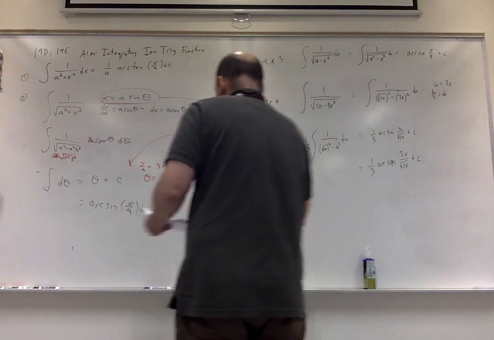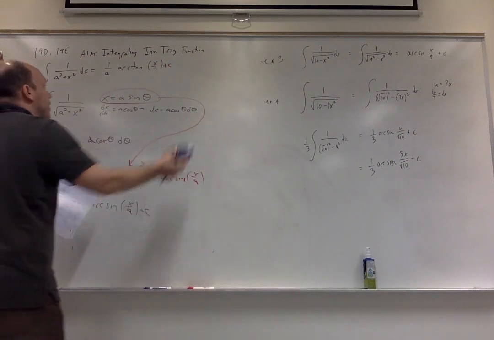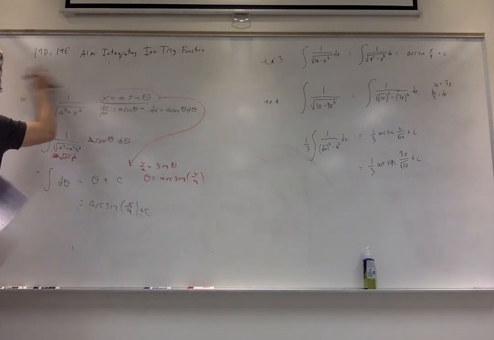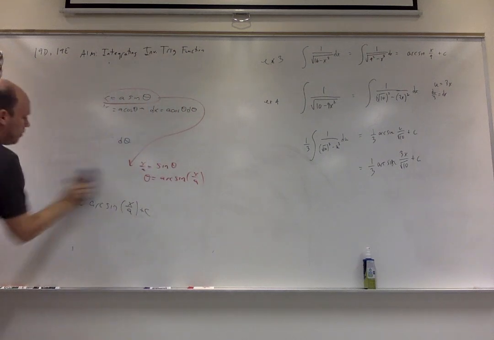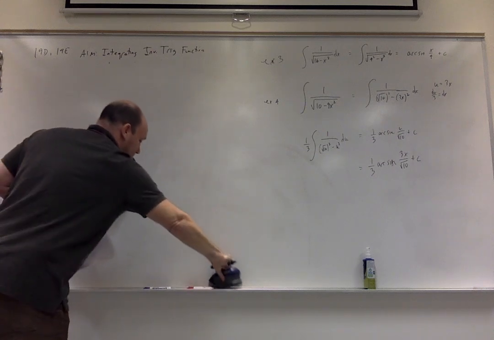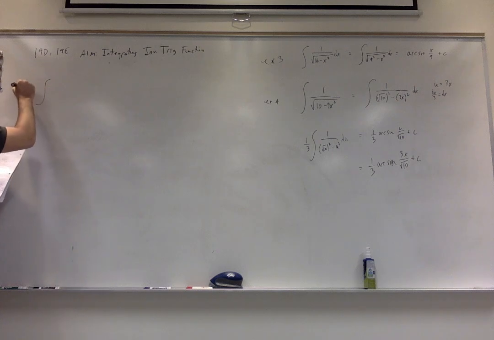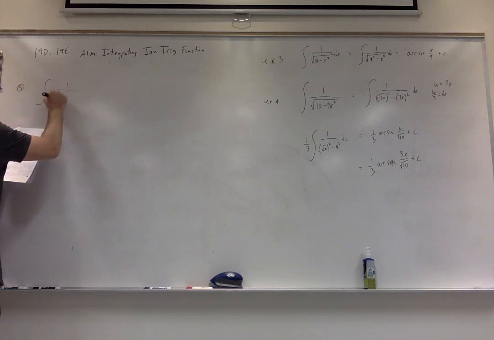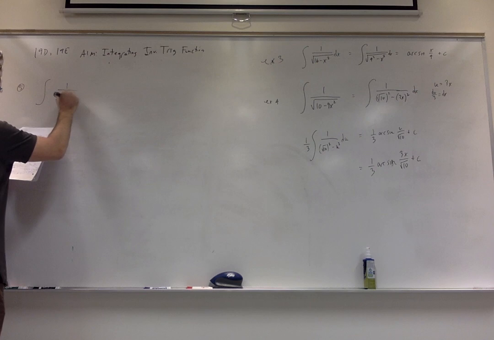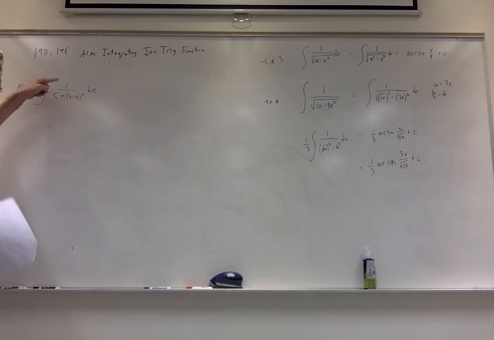Okay, let's move on. The next thing we want to talk about are other methods. So you might see the integral. Here's example 5: the integral of 1 over 5 plus x minus 2 squared dx.